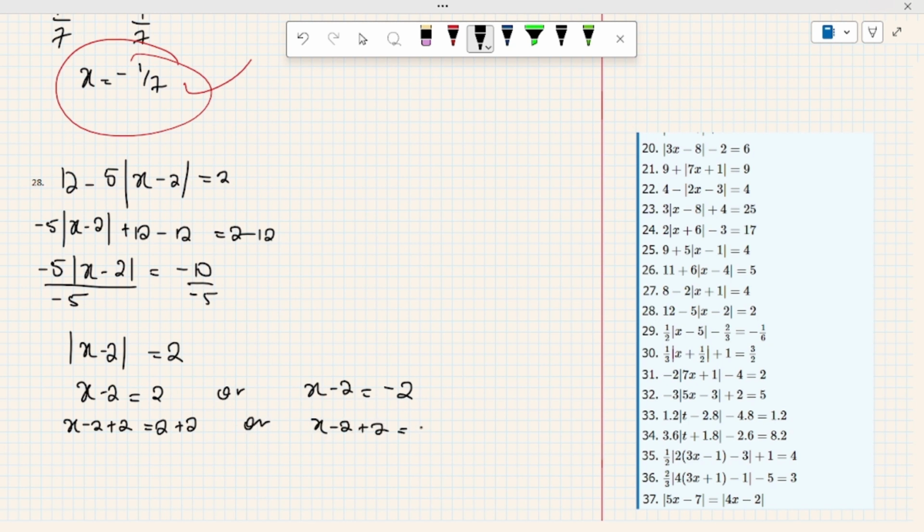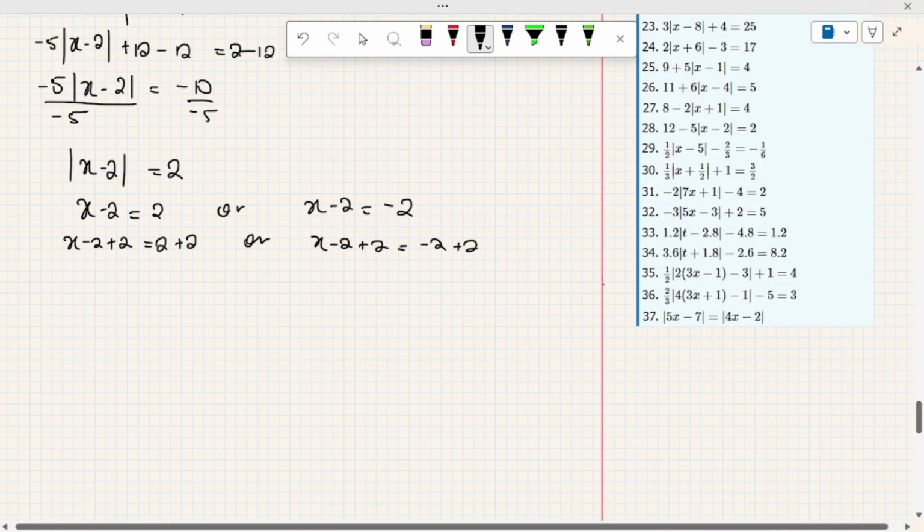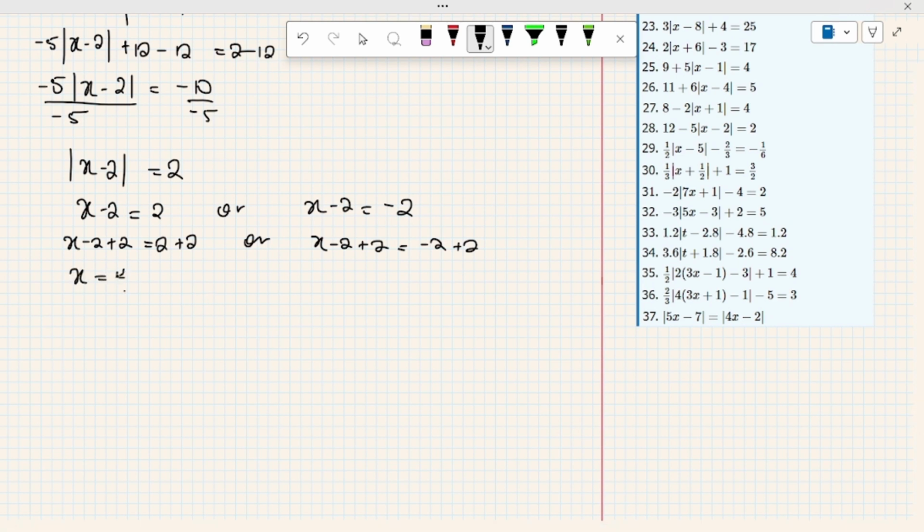Then x is equal to 4, or x is equal to 0.